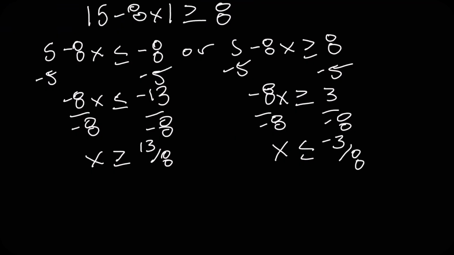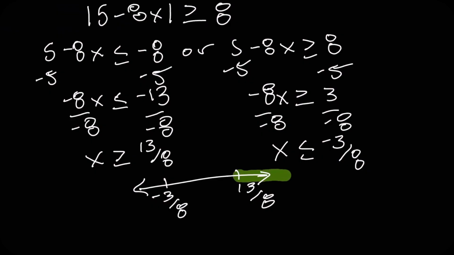So our final solution, we have x is less than or equal to, or x is greater than or equal to. So if we think about this on a number line, we have 13/8 here, and we have negative 3/8, and it's essentially saying that our x is greater than or equal to all these values, and then x is less than or equal to negative 3/8. So it'll be all the values this way.